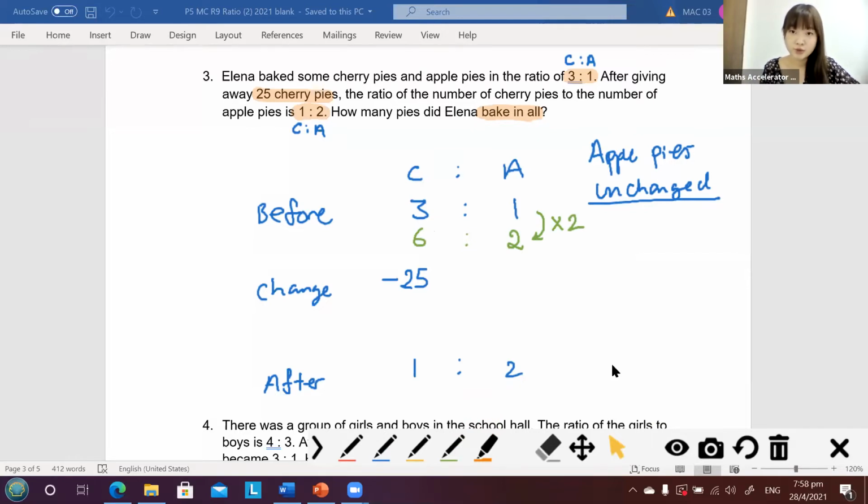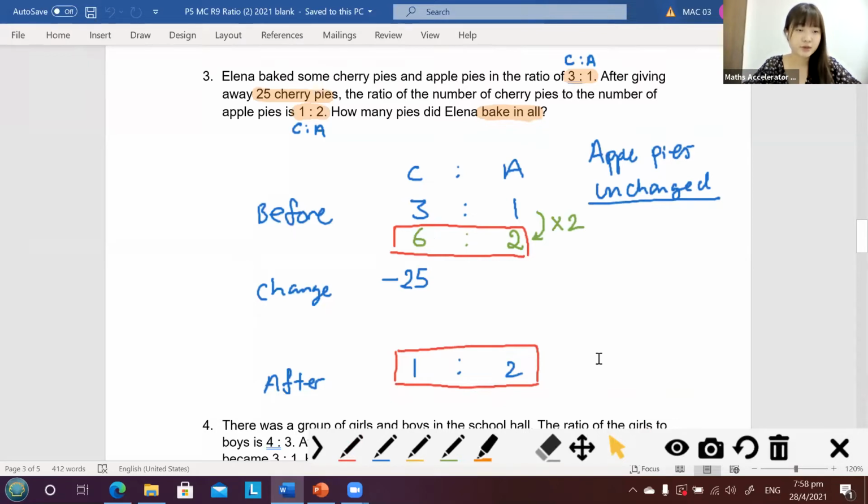But which ratio do you use? You just use the set of ratio that is correct, which means apple pies didn't change. Before is 2, after is also 2. So we're using this and this to compare. Let's compare. From 6 units of cherry pies, you ended up with 1 unit. So how many units do the 25 cherry pies represent?